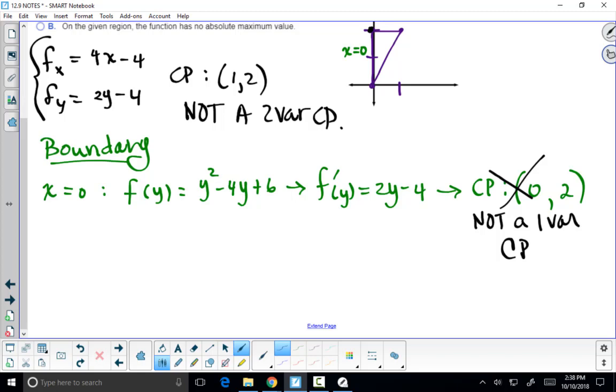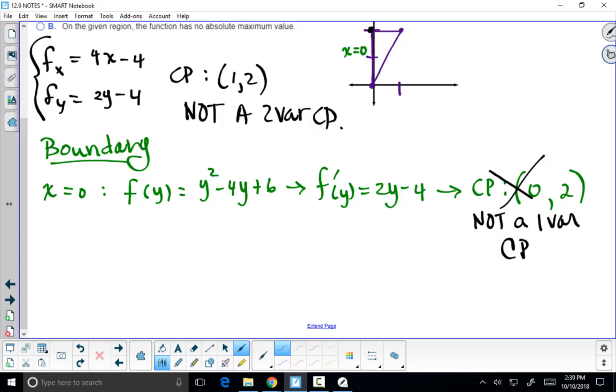So the picture in your mind, if you're thinking about 2 dimensions, you have A, you have B, and these are critical points. Those are boundary points. So (0, 2) is not a one-variable critical point because it's a boundary point to that segment. Critical points have to be inside your geometric object, whether it's a region or an interval. We have to test (0, 2), but we're testing it because it's a boundary point.